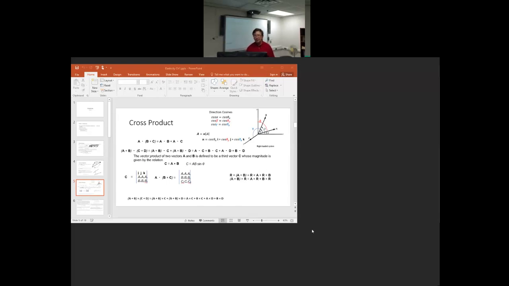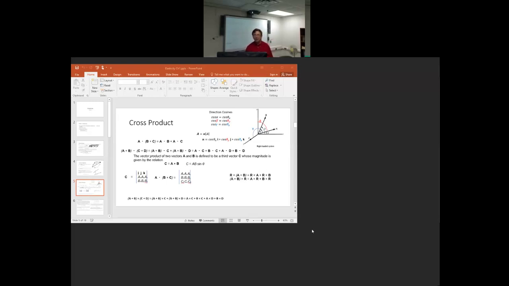So the unit vector n in terms of direction cosines is shown here in the upper right corner: cosine theta x i plus cosine theta y j plus cosine theta z k. Of course, again, you can replace theta x by alpha, theta y by beta, theta z by gamma. And if you have this n vector, you can multiply the magnitude A times this unit vector, and then you have vector A as a vector.